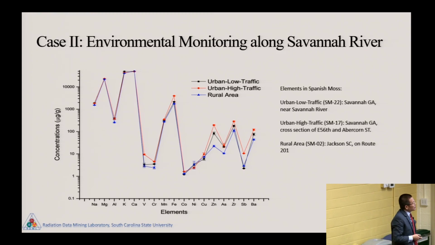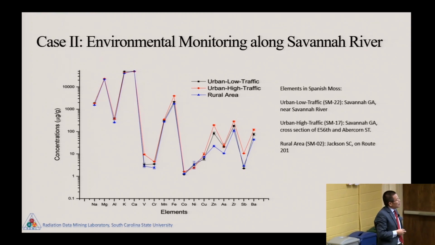And you can see the elements in Spanish moss from low traffic areas, no traffic areas. This is the iron, this is zinc, this is zirconium, and this is barium.